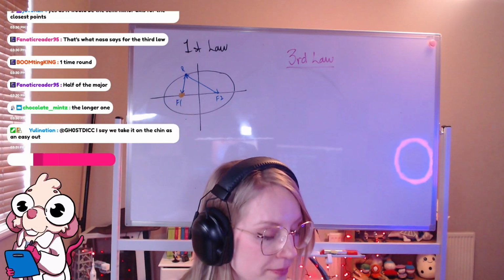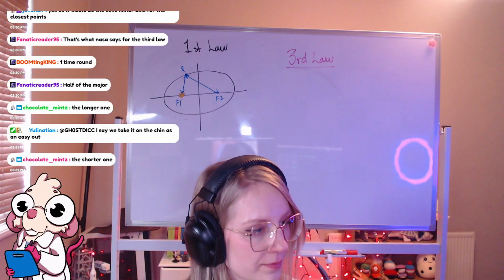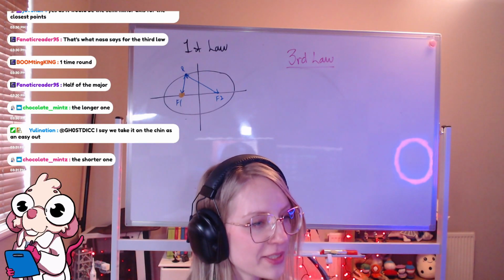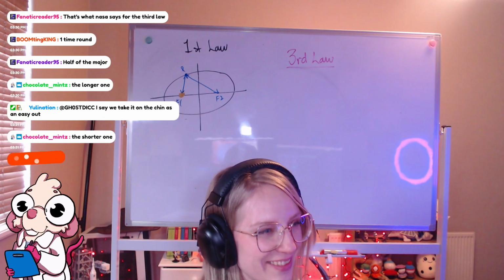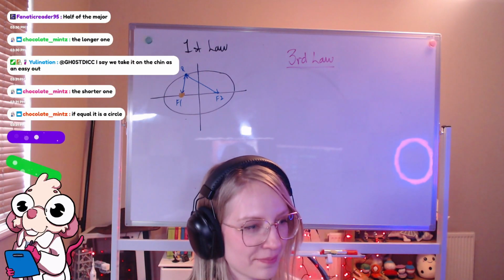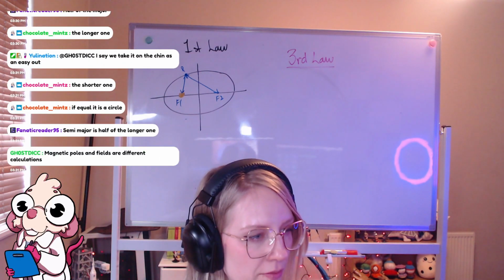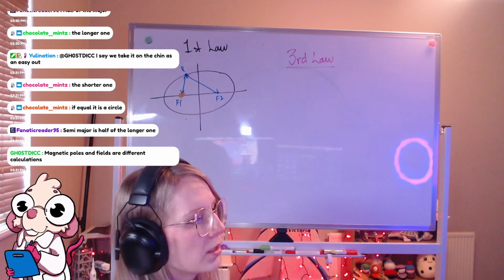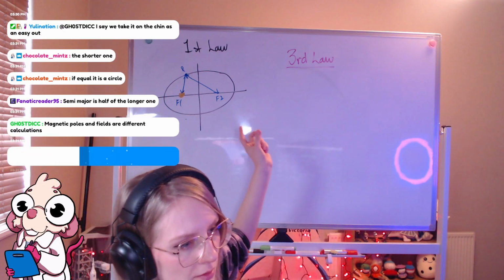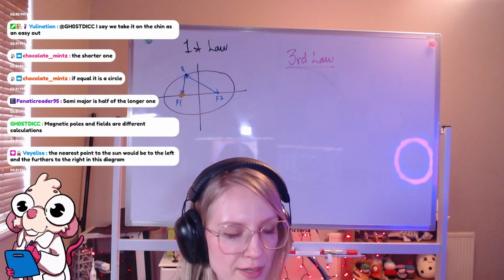Okay, so this one, I say we take it on the chin. Hi, Yuli. Welcome in. It's the shorter one. I don't think so, that's the longer one. Okay, we seem to have contradicting points now in the chat.